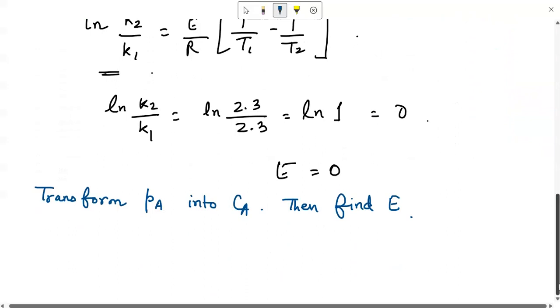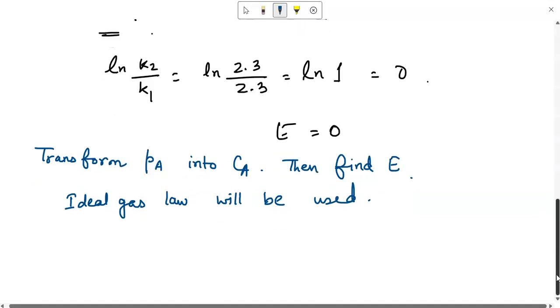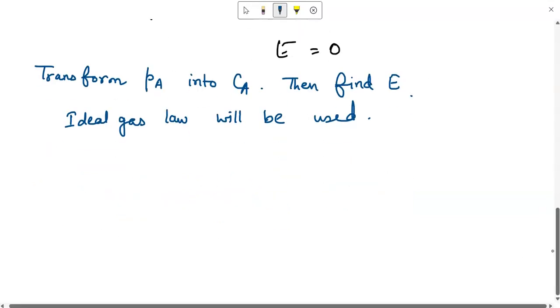For that you will use the ideal gas law. Let me also write this down: ideal gas law will be used. Now let us write the rate equation first with all the units. Minus rA equals 2.3 into pA square.